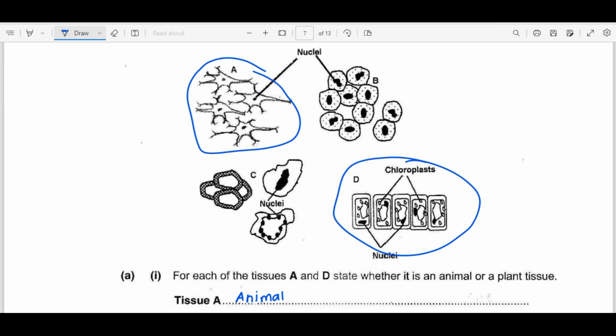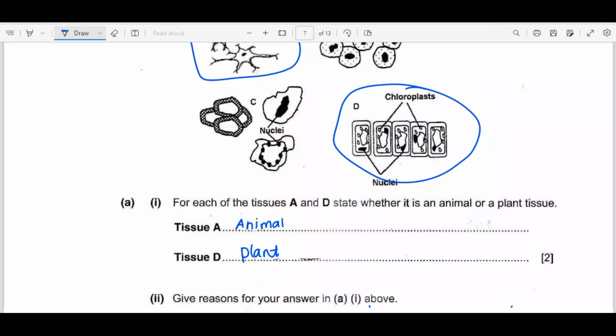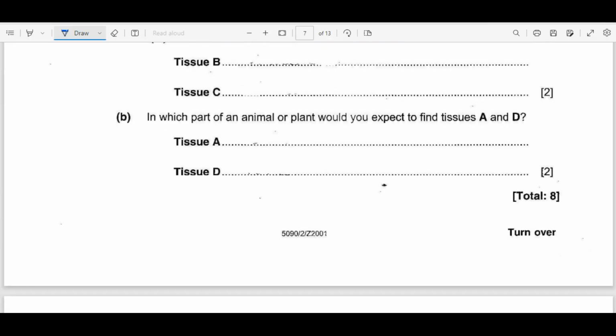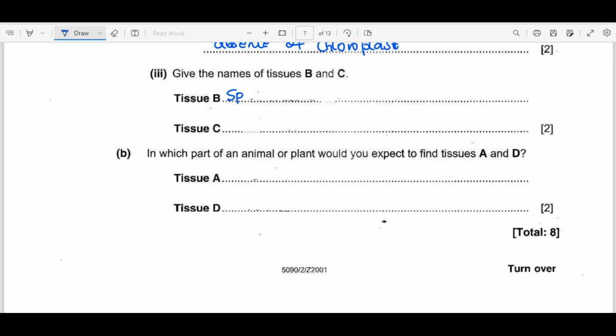So if you look at these structures, B, we'll say spongy mesophyll tissue. Then for tissue C, we just say blood tissue.